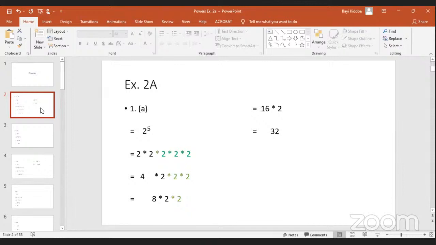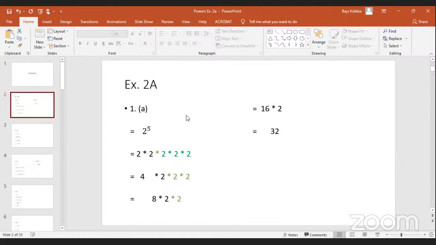We're going to do the first question now from that exercise 2A. I hope this doesn't look confusing to you, but I started question 1 here, and because the length of the page wasn't long enough, I continued over in this section. I've done that for some of the questions.